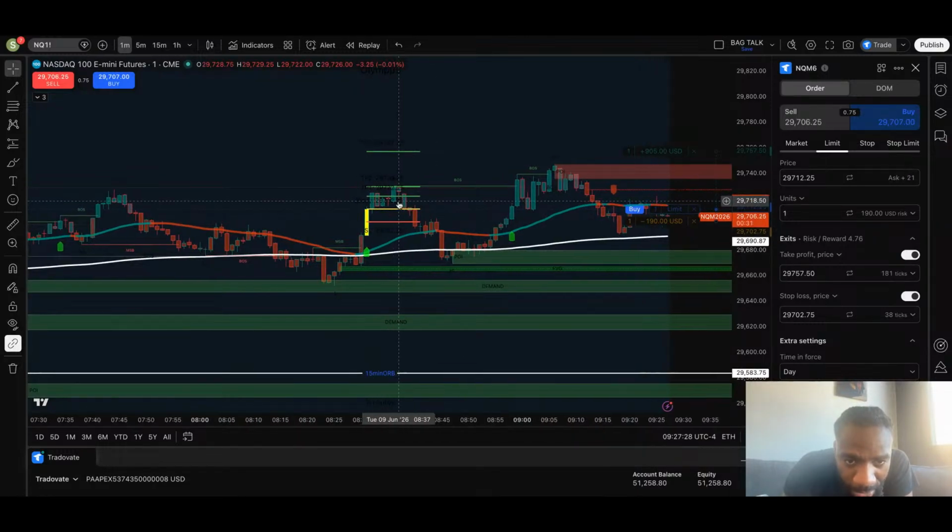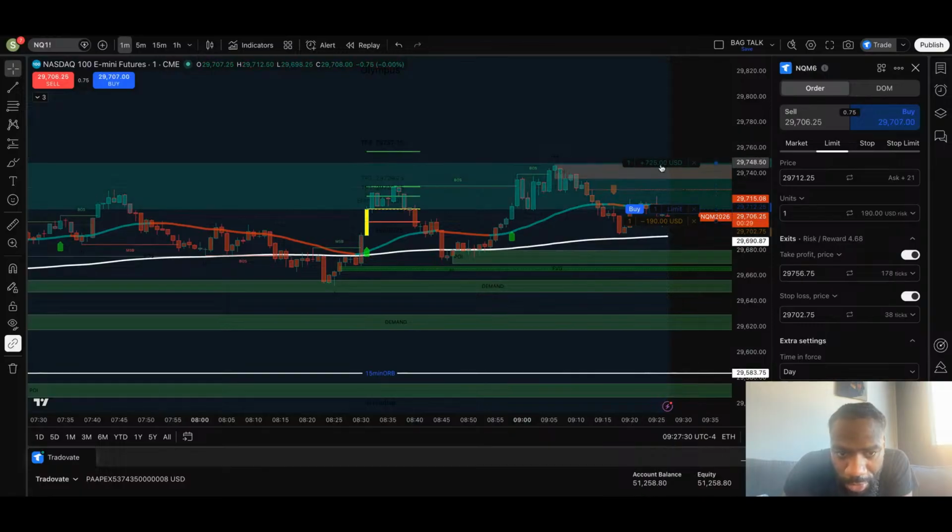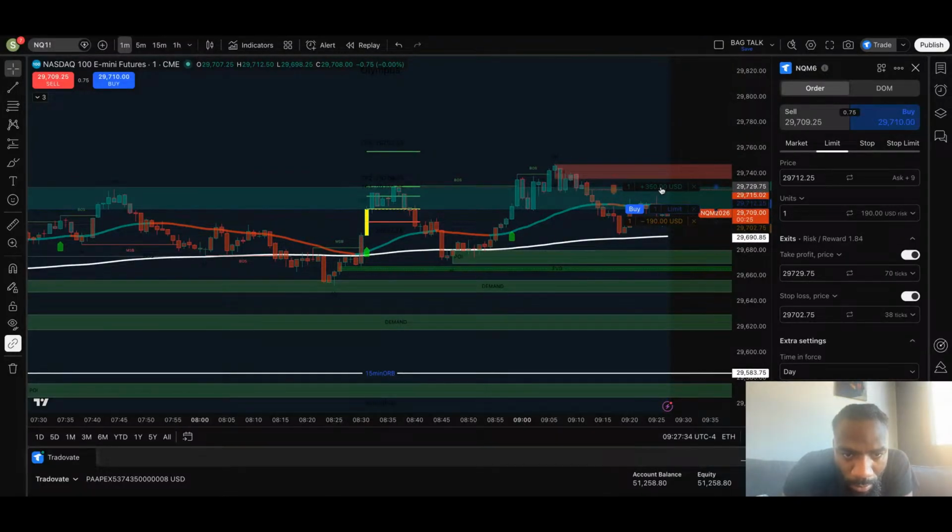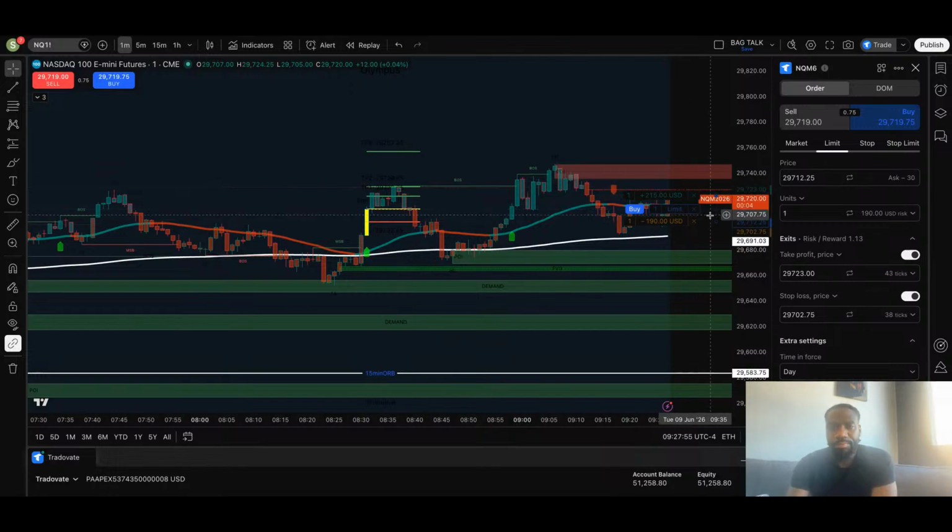And this one smacked TP1 before reversing, so I hit TP2 before reversing. 190 risk. TP1, 215.